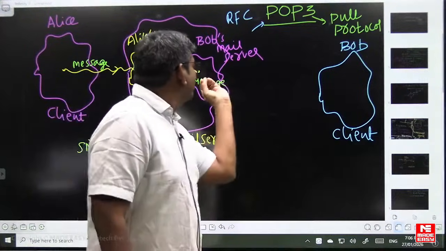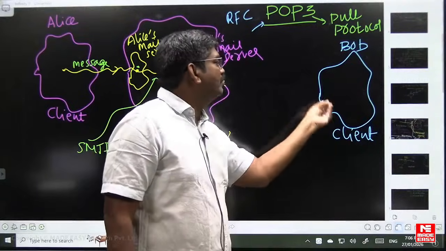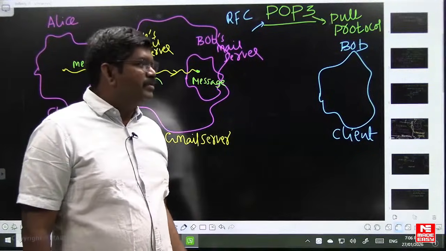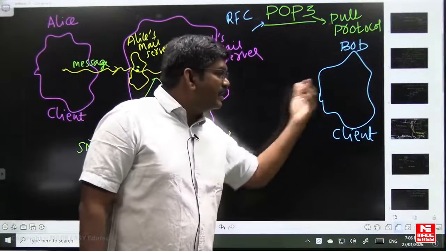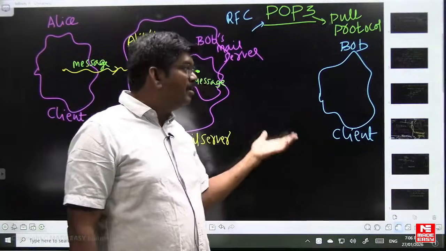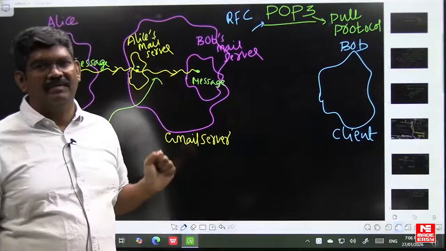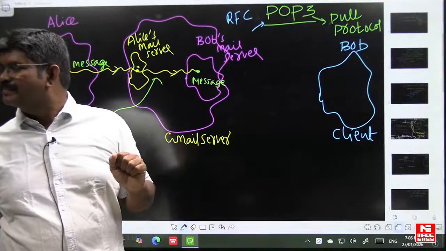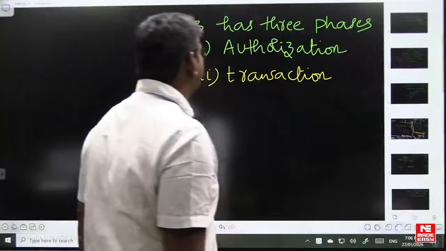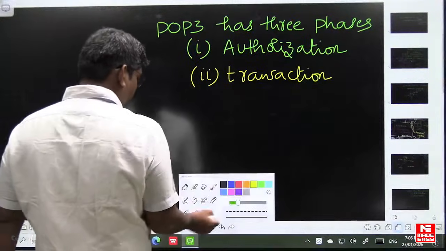So retrieving that mail or message to this Bob client is called a transaction. So to do the transaction, पहले क्या होना चाहिए? Authorize. Who has to authorize? Bob. कहाँ authorize होना चाहिए? Bob's mail server पर. ठीक है? So this is one more question. Okay. This also will explain how you do the transaction.